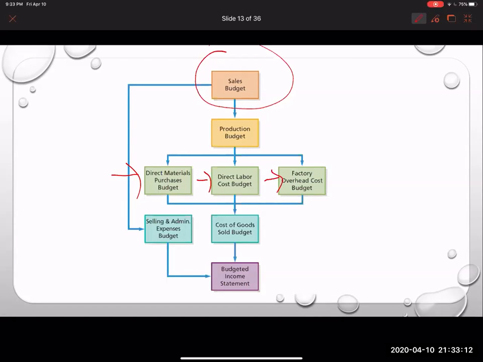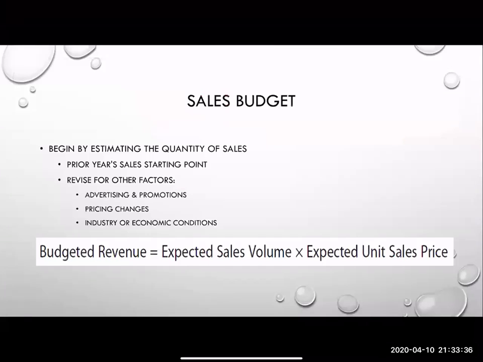And how much factory overhead do I need to produce the items needed to sell these units, right? So again, it all starts with the sales budget. And then we'll talk more about the selling and administration expenses, cost of goods sold, and then lastly, the budgeted income statement, okay? All right, so with that, we're gonna sail right into the sales budget.